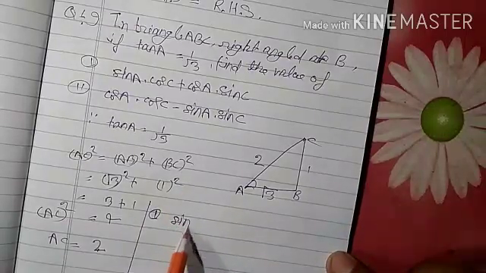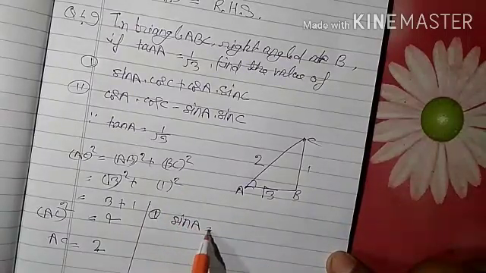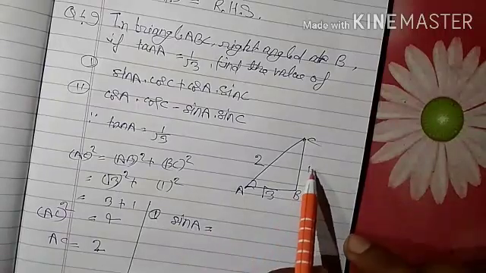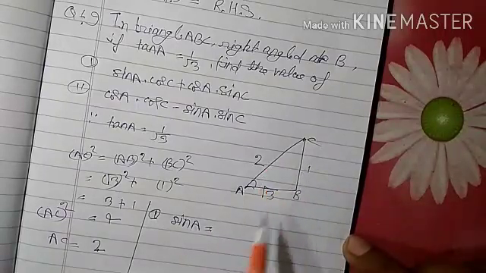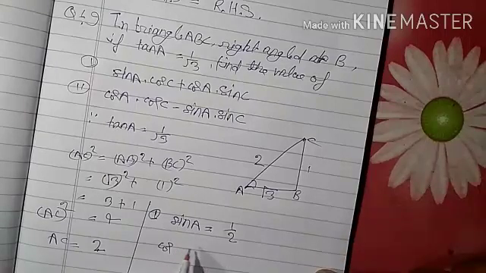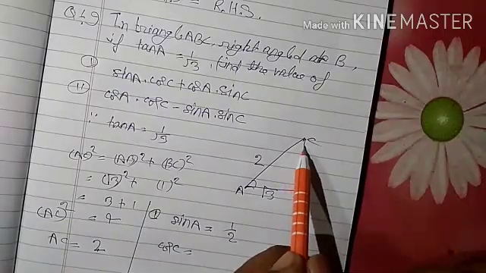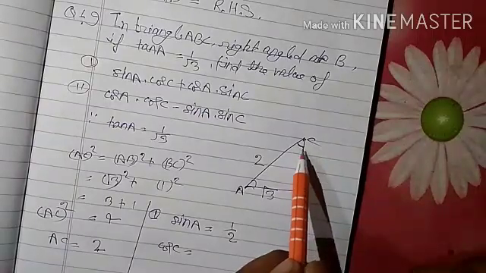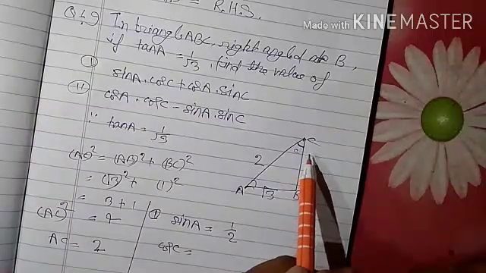So sin A is equal to perpendicular divide hypotenuse, so perpendicular that is 1 divide hypotenuse 2. Next that is cos C, cos C by this angle, so this is angle C.